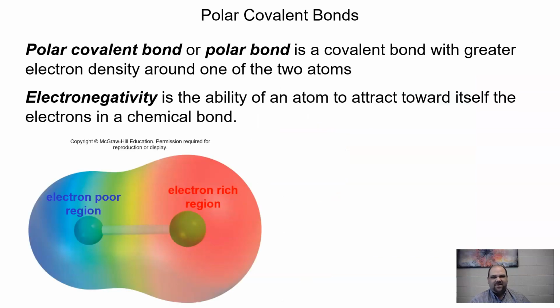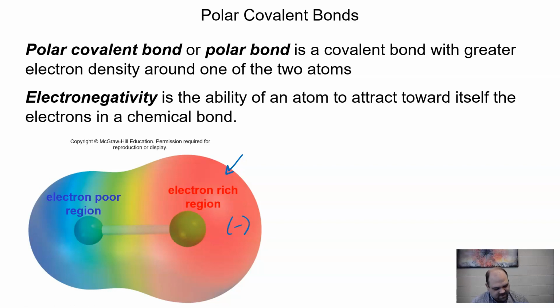The last part of this introduction deals with polar covalent bonds, and that's when we have a covalent bond where the two elements are not sharing those electrons equally. In this case, we have here an electron-rich region, so lots of electrons, and you can see that it's red for negative.